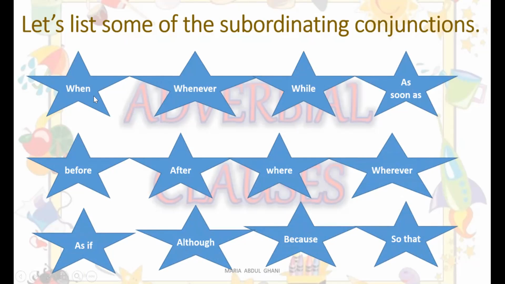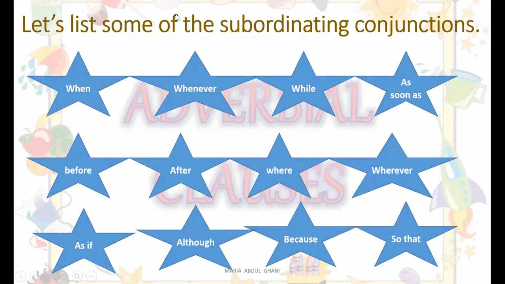When? What type of adverb or subordinating conjunction is it? Yes, when is time. Whenever, time also. While I was walking, while I was talking. What is it about? Time. But while has two uses. One of them is for time, and it has a different meaning. What did you say?